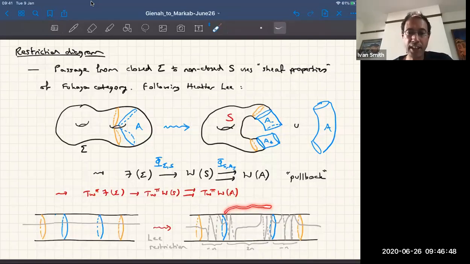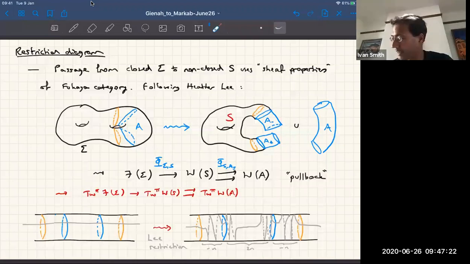And if, on the other hand, you stood inside the main body of sigma and looked at one of the ends, you would see what looked like the appropriate wrapping for a wrapped category at that end of the subsurface. And Heather proves a kind of non-crossing theorem for holomorphic disks that says that if you have a holomorphic polygon which is not completely contained in this middle region, then its output lies in the middle region, at least once you've twisted enough relative to a fixed set of endpoints.